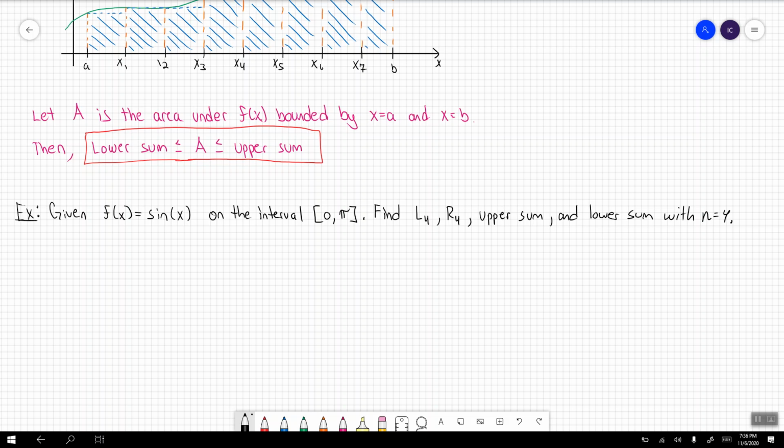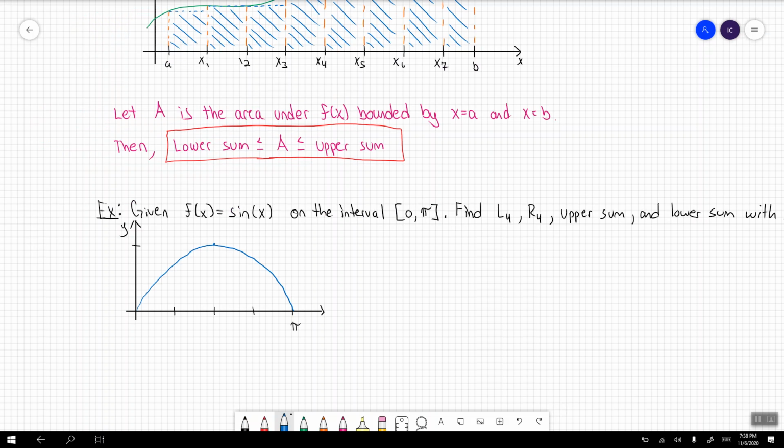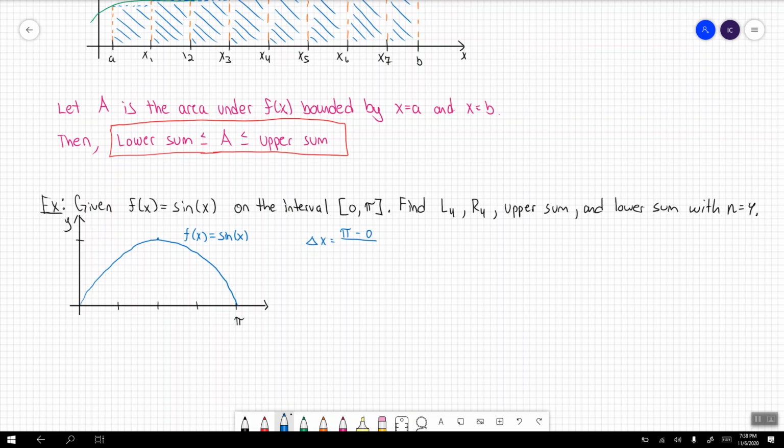I'm just going to draw the picture really quick. Alright, so here's my function for sine of x, again on the interval from 0 to pi. I'm going to calculate my delta x first. Delta x is b minus a, where b is pi and a is 0, so pi minus 0 divided by the number of subintervals, n equal to 4.